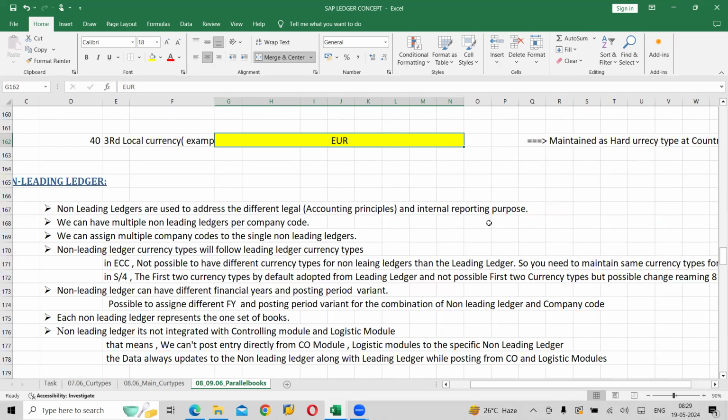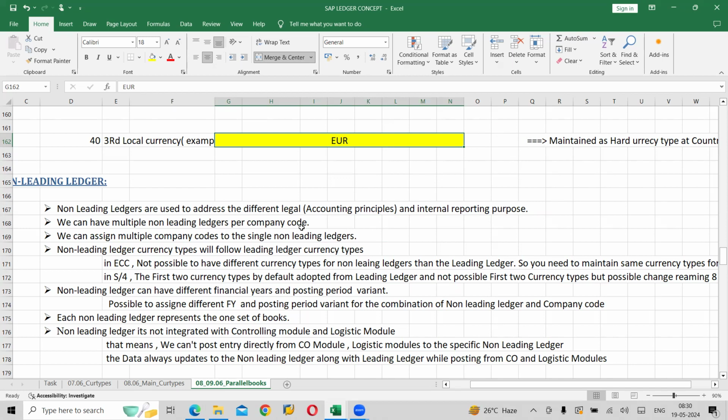What is the main feature of a non-leading ledger? Non-leading ledgers are used to address different legal and internal reporting purposes. What do you mean by legal? Accounting principles. Clear? We can have multiple non-leading ledgers per company code or per client. As we know, 1056 non-leading ledgers we can have.